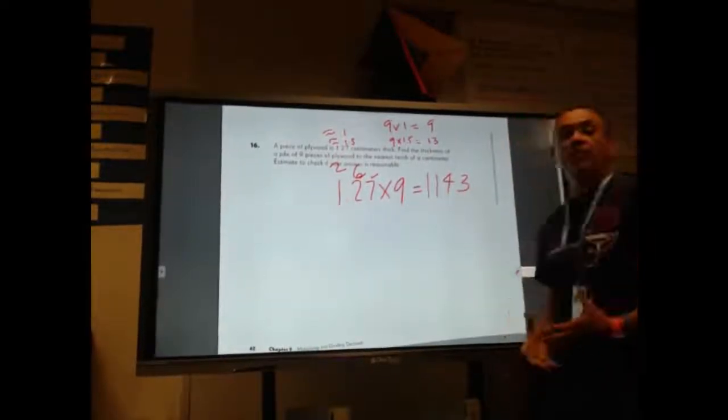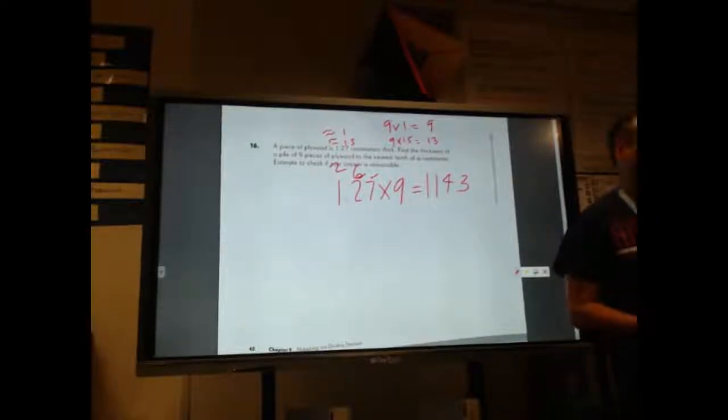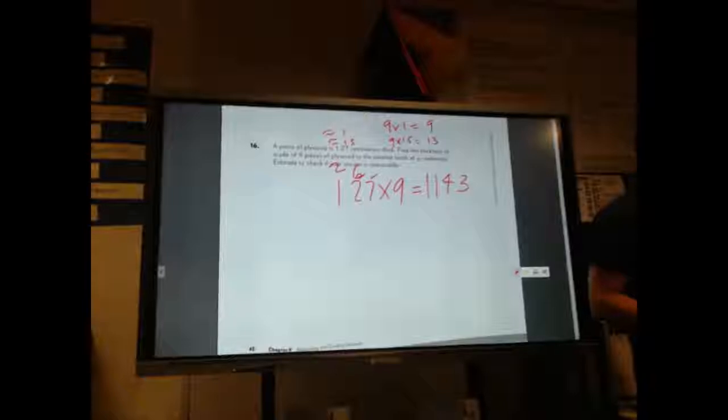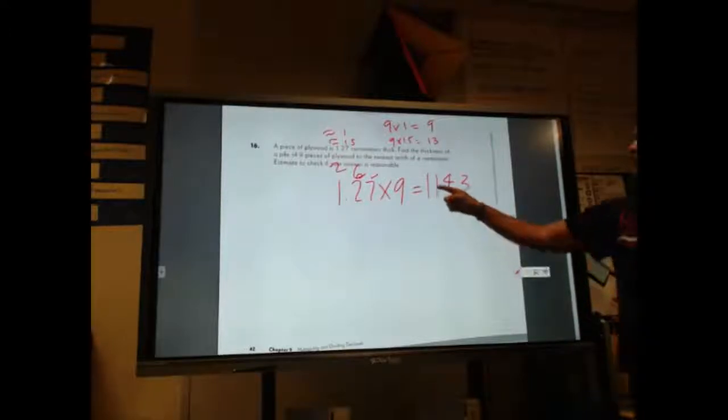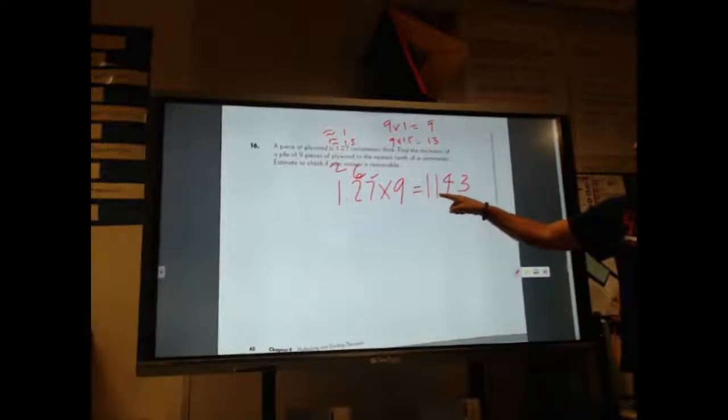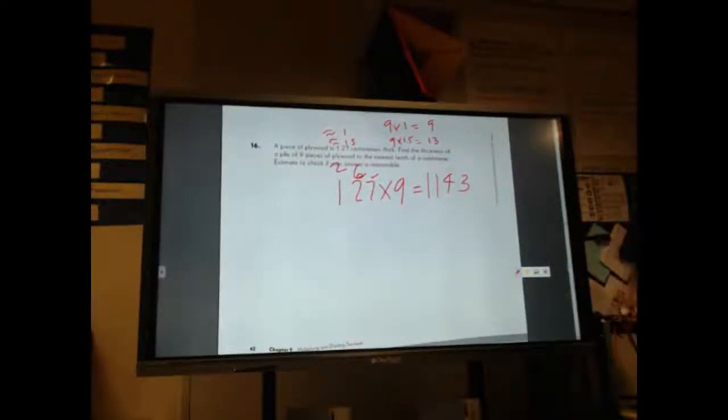Now, if I don't put any decimal point here, then my answer will be 1,143, and we know that that cannot be possible, right? So I need to be careful. If I put the decimal point here, that means that 1.7 times 9 will be 1 and 143,000, right? So that could not be the answer either.